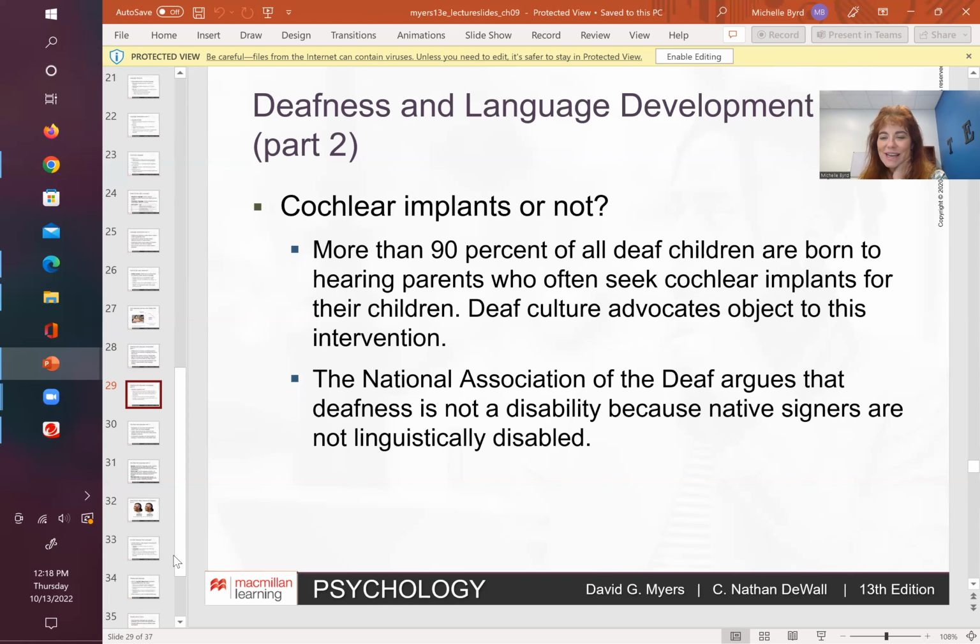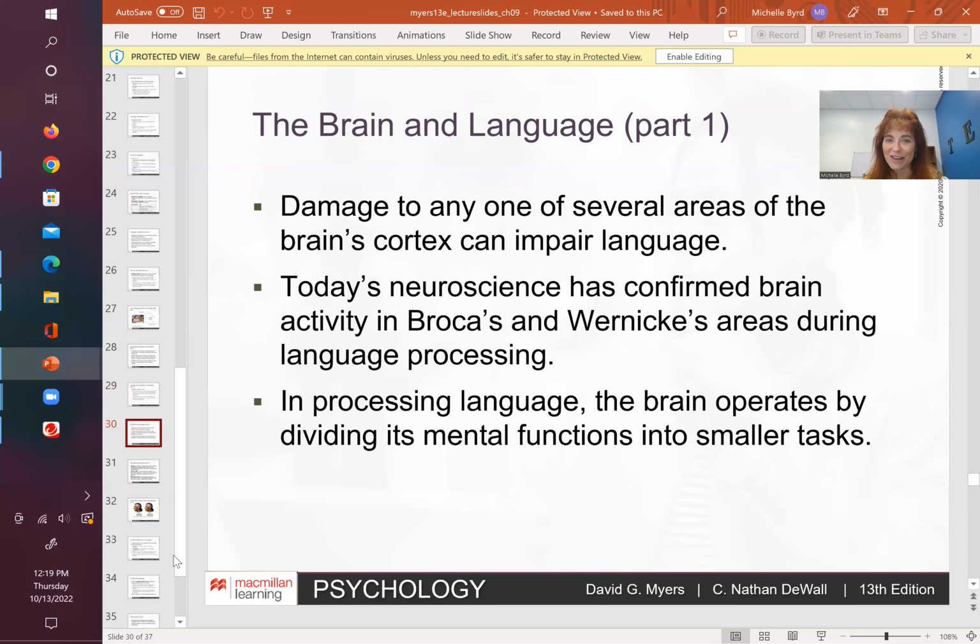The National Association of the Deaf argues that deafness isn't a disability because native signers are not linguistically disabled. They have language. So it's just a different language, and hearing folks need to be aware of that and be more culturally diverse and not see it as a disability, because they do not.